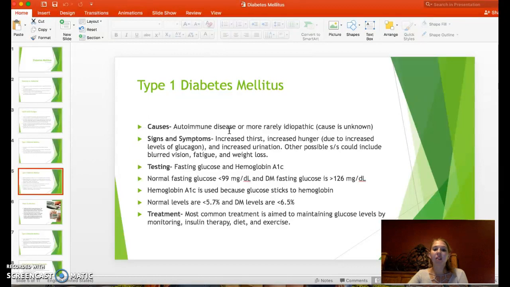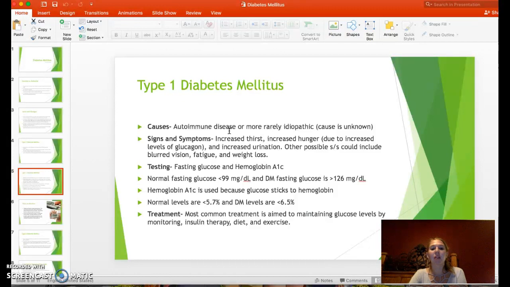Normal fasting glucose is less than 99, but for people with diabetes, fasting glucose is going to be greater than 126. And then the second test, which is more commonly used because you can't really cheat it, like with blood tests you can.